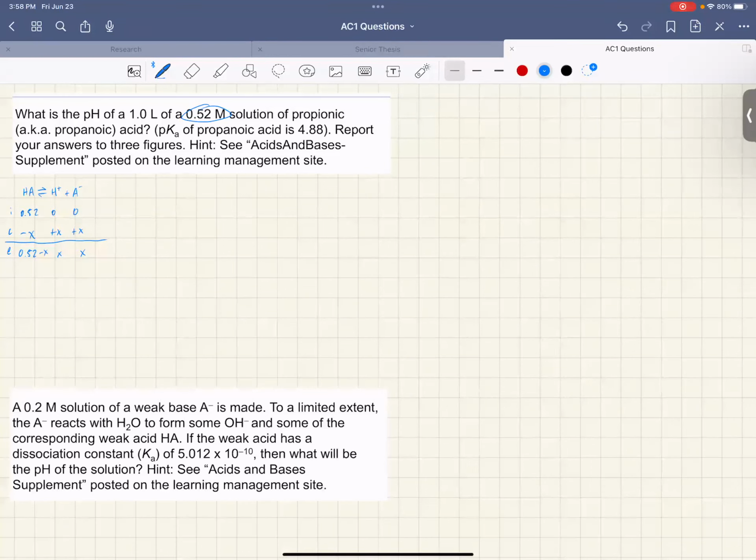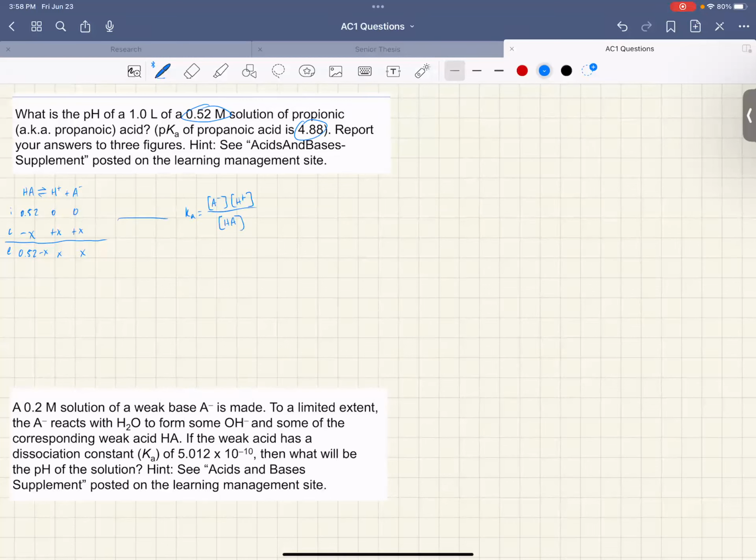Now we are given the pKa of propanoic acid as well, and what we can do with this is write our Ka expression. Ka is the acid dissociation, so that's going to be A minus times H plus, over HA.